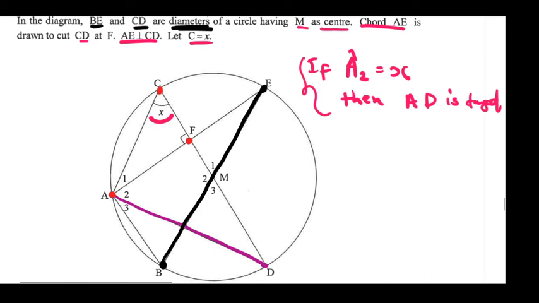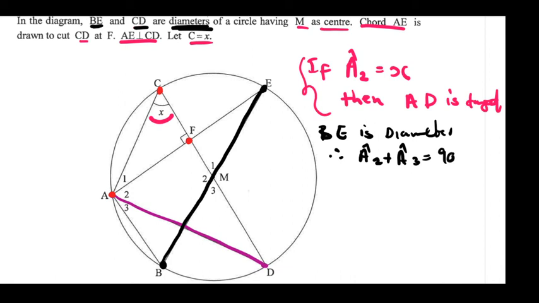So now, BE is a diameter, right? Meaning that this is 90 degrees, right? But let me just remove it. But we know that BE is a diameter, right? So meaning that angle A2 plus angle A3 is equal to 90 degrees.